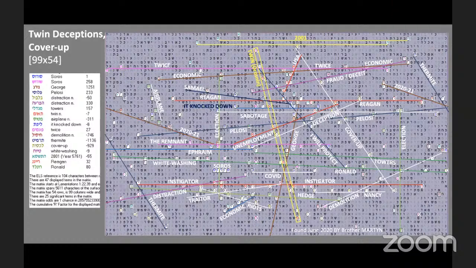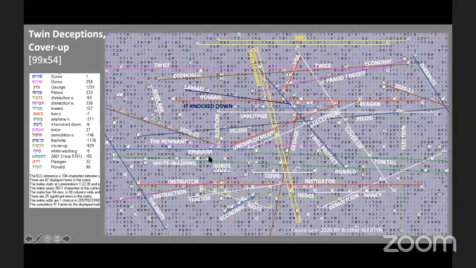So what's interesting, now this is a different access term. This is the other table twin that Michael Drosnin found with these other terms, it knocked down. And when you look at the other terms in here, these are all indicative of the deep state. So fraud, deceit, Nancy Pelosi's name is in here.